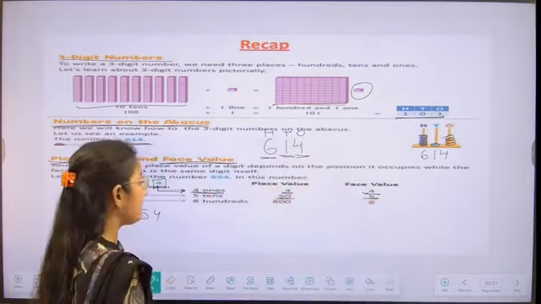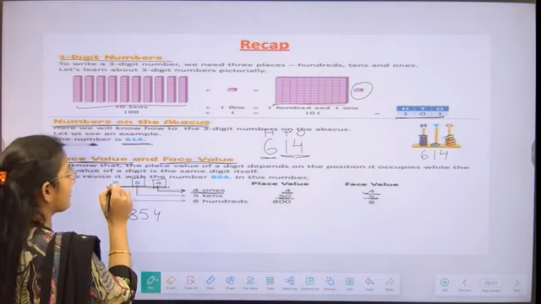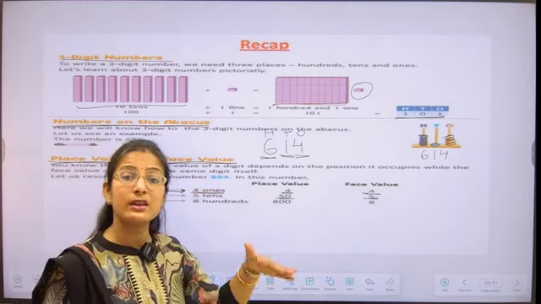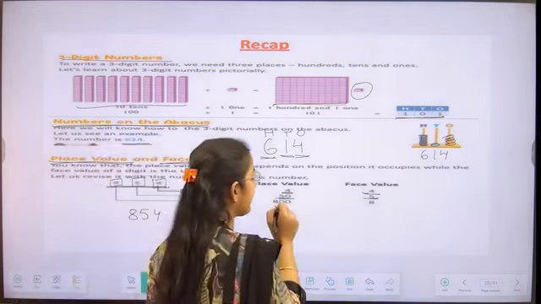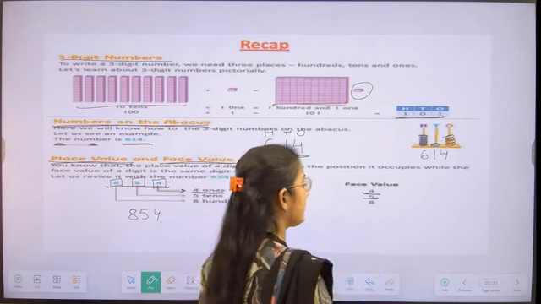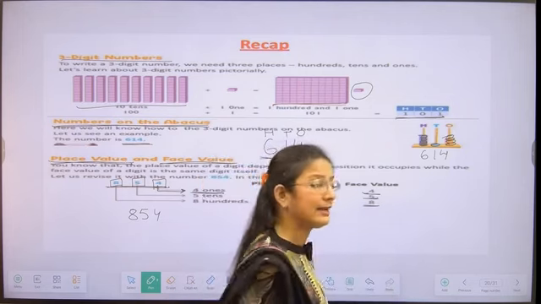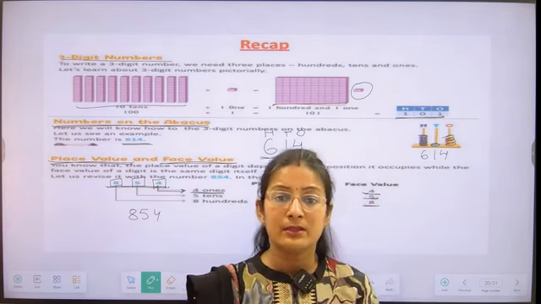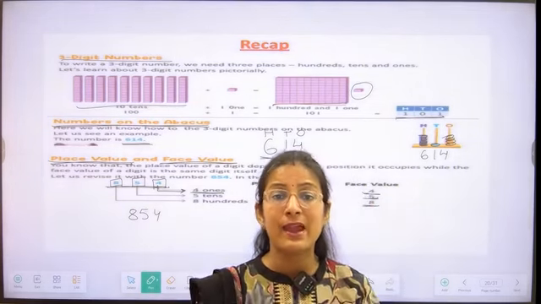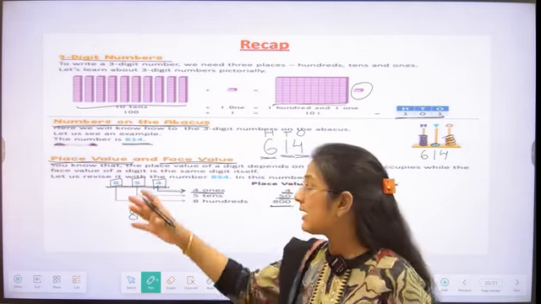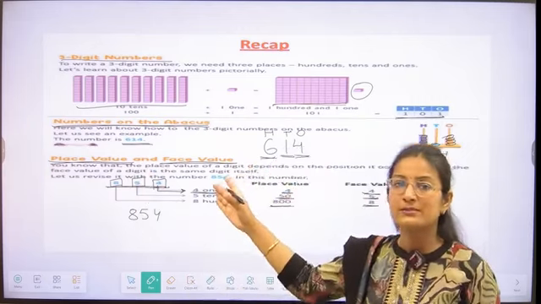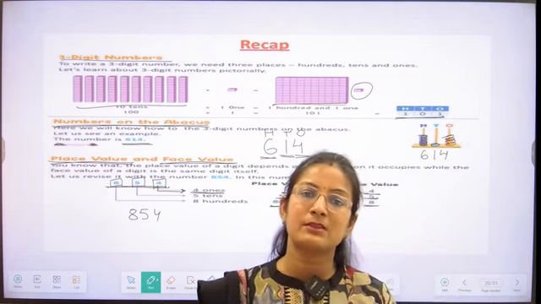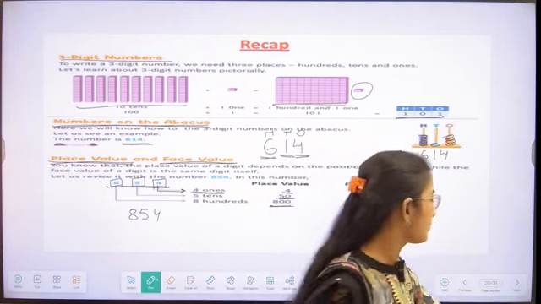Similarly, 8 is at the 100 place, so its place value is 800 and its face value is 8. With this we find the place values and face values of the digits. Is everyone understanding how we find the place values and face values? Very good students.